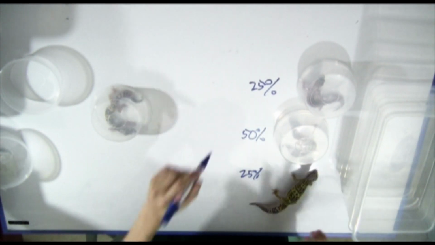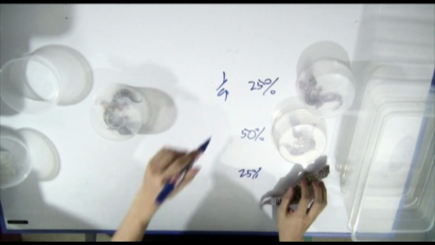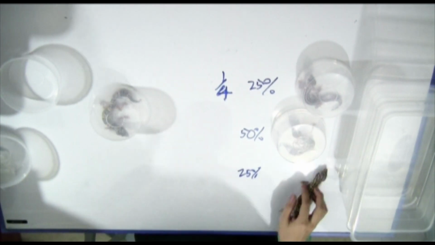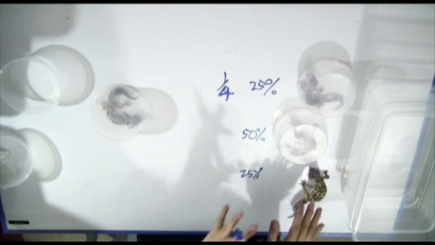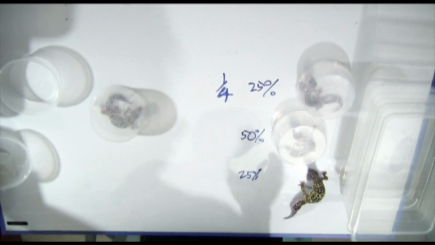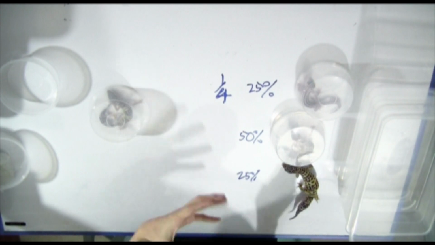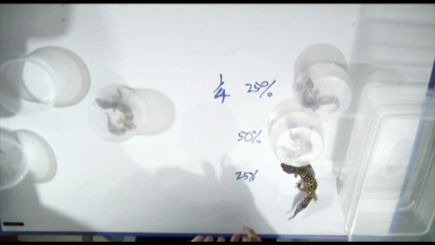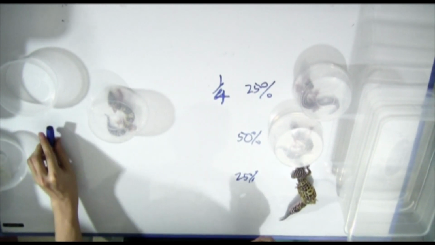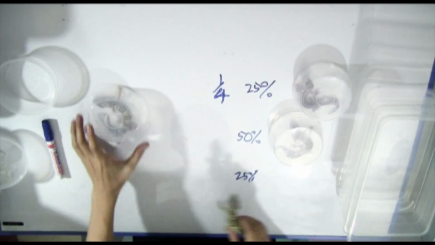So you have a 1/4 chance of hitting a super snow from pairing a snow to a snow. And unlike the hets and possible hets of the simple recessives, everything here is visual, so you will know exactly what you produce after hatching your babies. So this is what the super snow complex is all about.